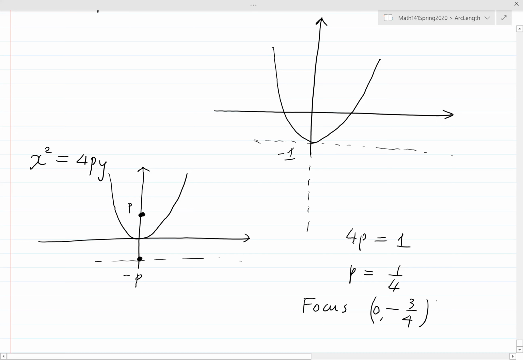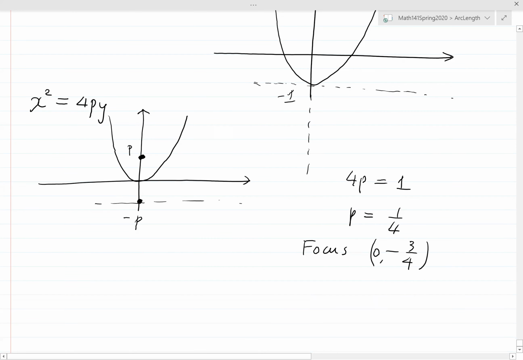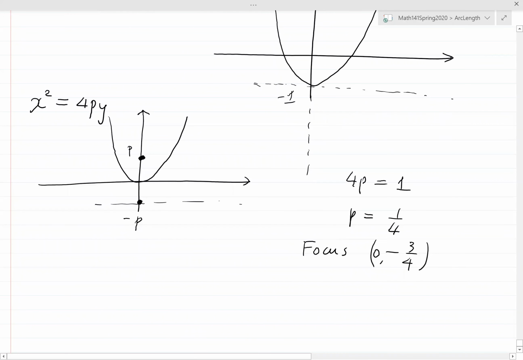Then the directrix is at negative a quarter, negative P, translated downward by 1 unit. So the directrix will be the line y equals negative a quarter translated downward by 1, so it's negative 5/4. Okay.